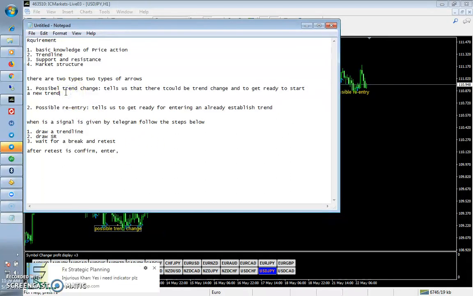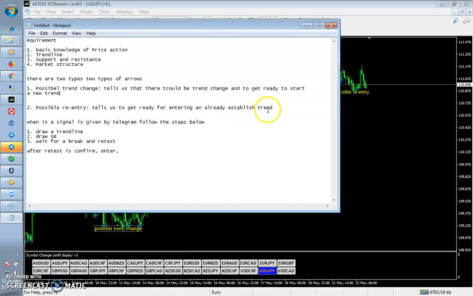And the other is possible re-entry. It tells us to get ready for entry in already established trends.